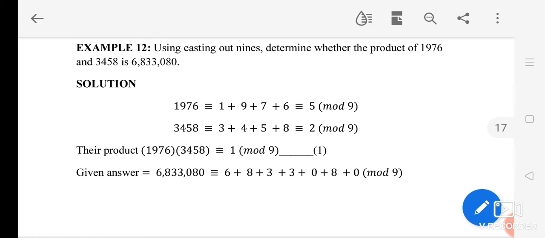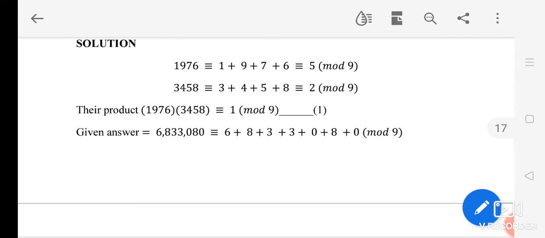Now multiply the above two equations. So we get 1,976 times 3,458 is congruent to 5 times 2. 5 times 2 is 10, and 10 is congruent to 1 modulo 9. The given answer is 68,33,080.